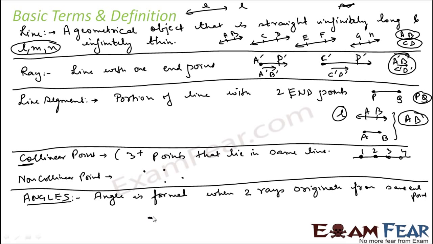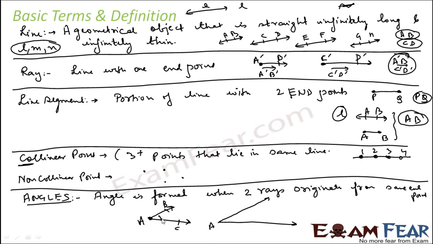So there is an endpoint, from this there is a ray originating, and one more ray originating from the same endpoint A. So this is an angle. You can just give some term here, B, and you can just give point C. So the same angle you can actually represent in this fashion also.